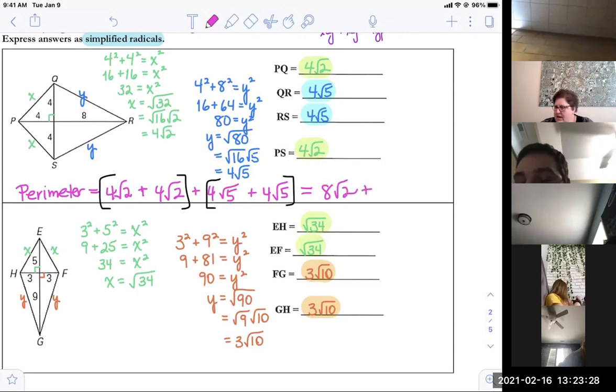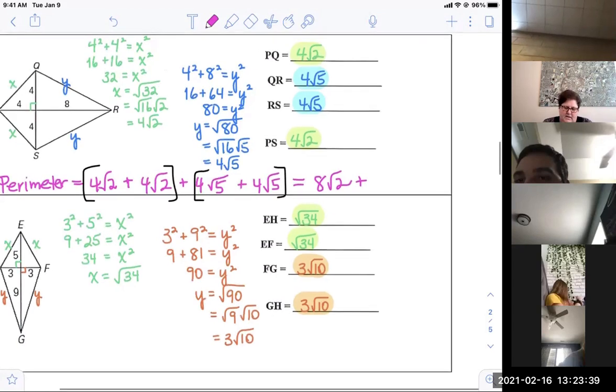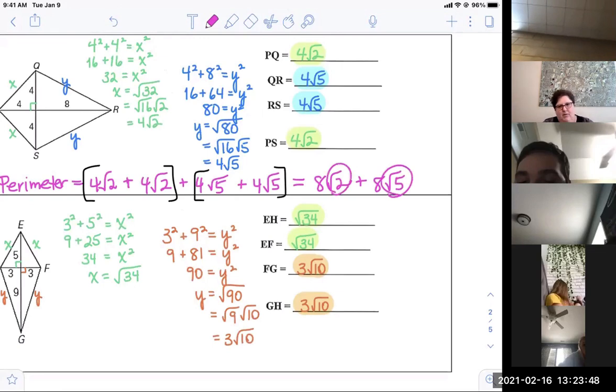Okay. And then Sadie, tell me what 4 root 5 and 4 root 5 adds to. 8 root 5. And then again, because the radicals are different, you cannot put them together. That'd be like if you had 8x and 8y, you just leave it 8x plus 8y.